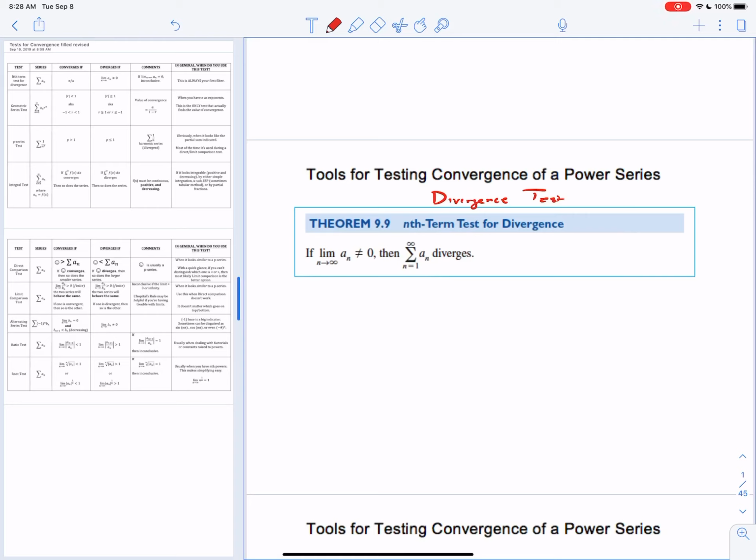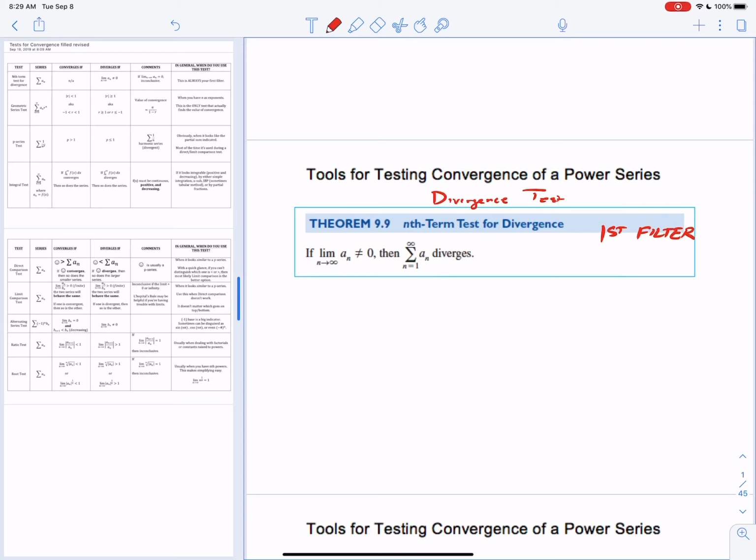So you could think of this test as like your first filter, okay? So what you're doing is you're draining out, so you're pouring this through like a colander, if you will, okay? You're draining out all the bad series, all the series that diverges.